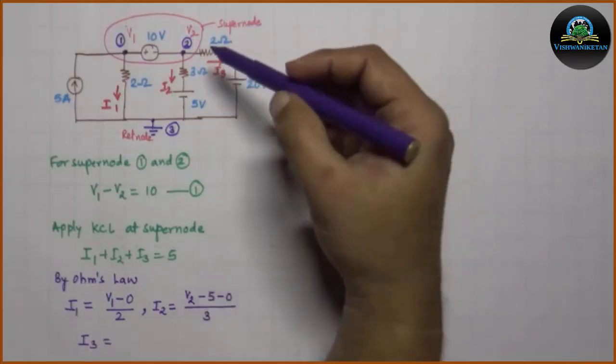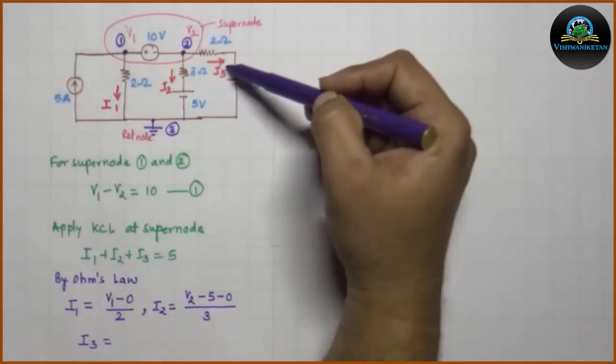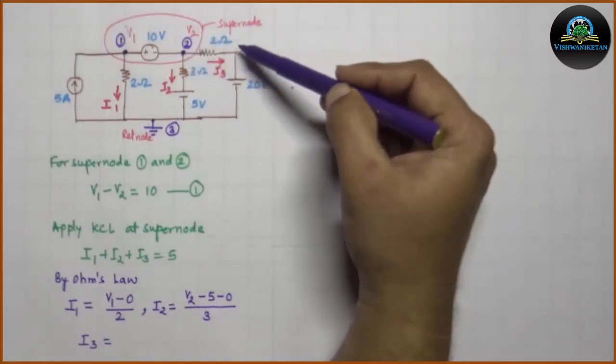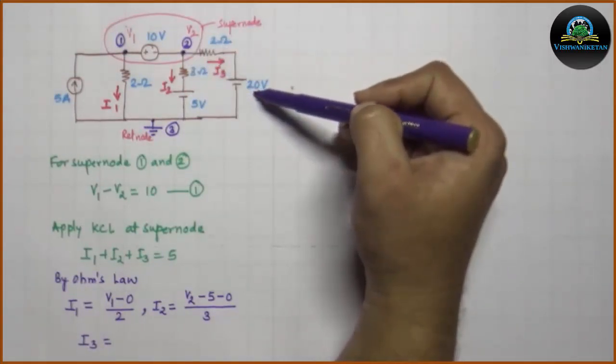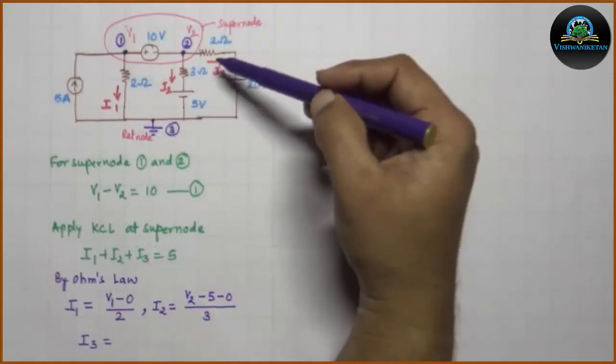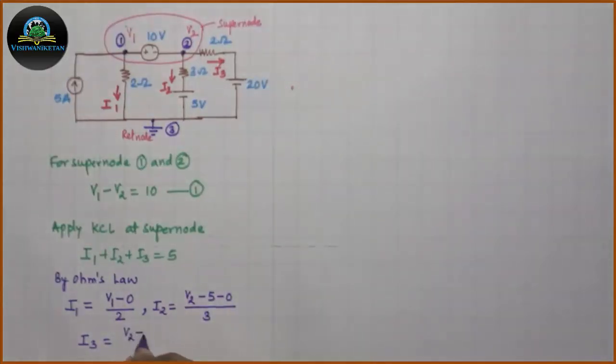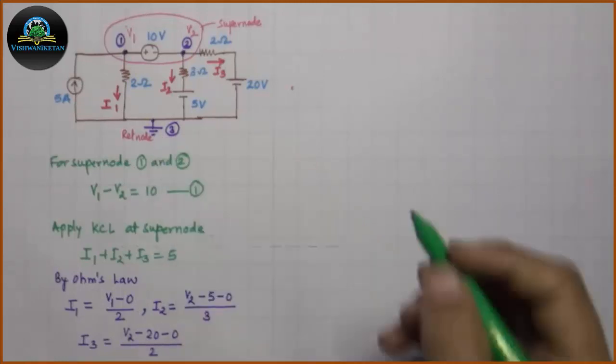And I3 is similarly flowing as I2. I3 is also flowing from node 2 to battery or source 20 volt to reference node. Hence, I3 will be written as V2 minus 20 minus 0 divided by 2. In all cases, 0 is the potential assumed for reference node.